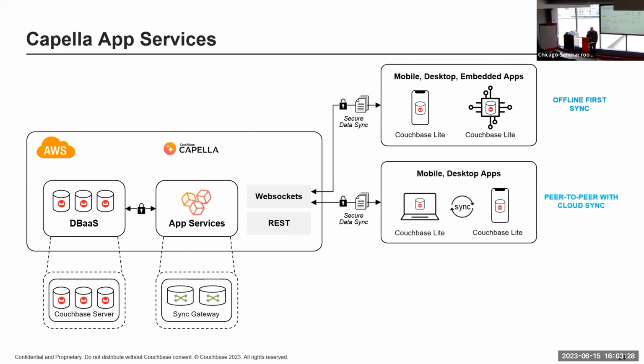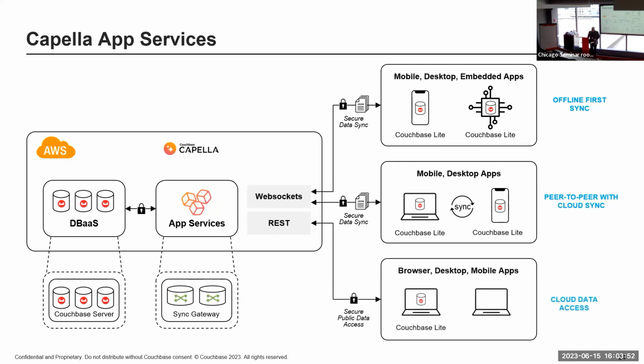Another common topology is peer-to-peer with Cloud Sync. This is where Couchbase Lite is deployed on edge devices. And for that collaboration in isolation, peer-to-peer sync is the feature that's used to synchronize data between edge devices when they're completely disconnected from the internet. Of course, when there is internet available, synchronization happens behind the scenes, ultimately back up to Capella.